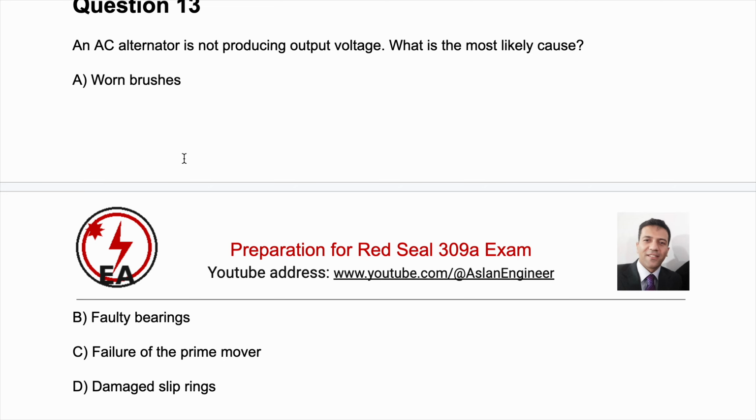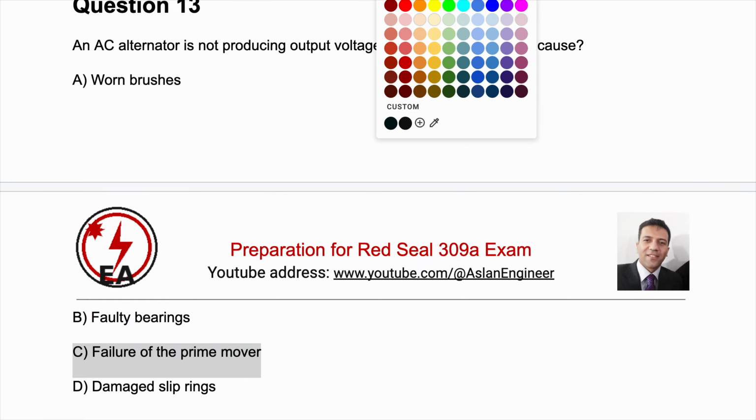So you don't need to first go and open the motors, generator or alternator and check the brushes, the slip rings or faulty bearings. First of all, check the easy, low cost thing, the prime mover, maybe it's not working. So this one is the right answer.